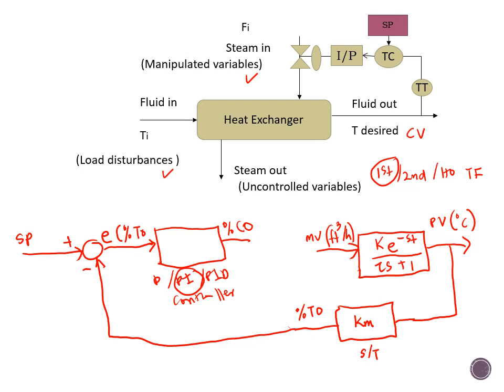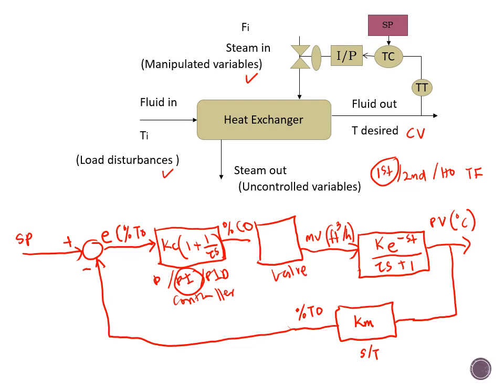So the transfer function would be Kc (1 + 1/τs). Okay, and then the controller output will send the information to the valve. So this is your valve, or the final control element.